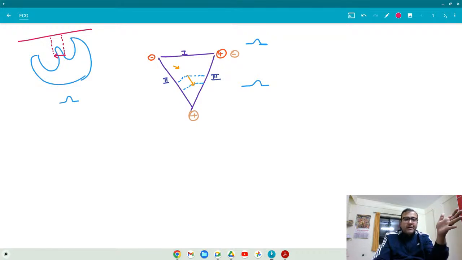See, I have dropped the perpendicular. Is it visible on the screen? So at least now tell me, the vector direction should be on the left side or right side?